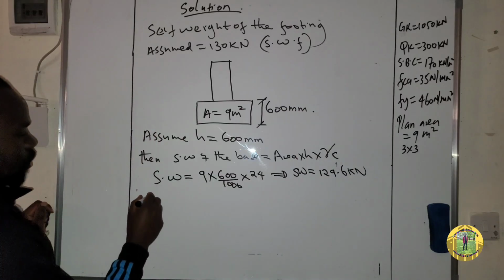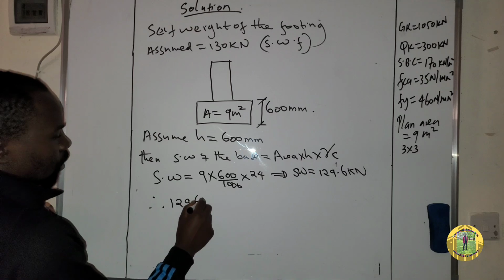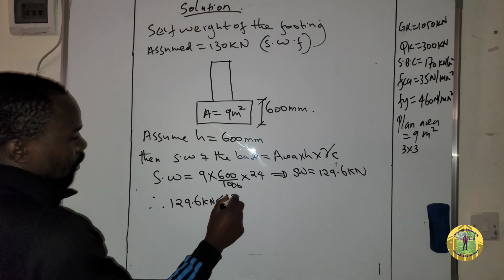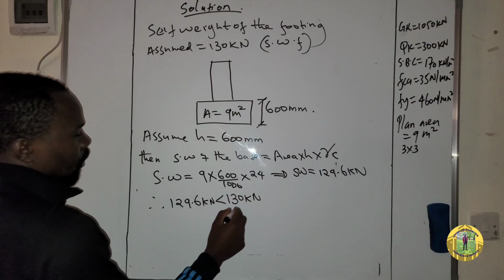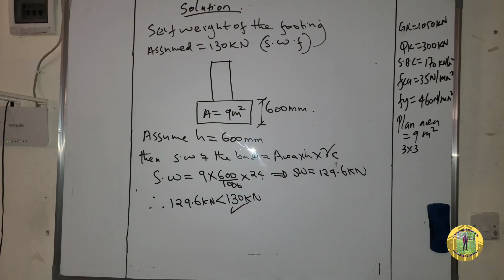Therefore, 129.6 kilonewton is less than 130 kilonewton, the one we assumed. Now it means we are on the right track. Now we can continue with our designing.